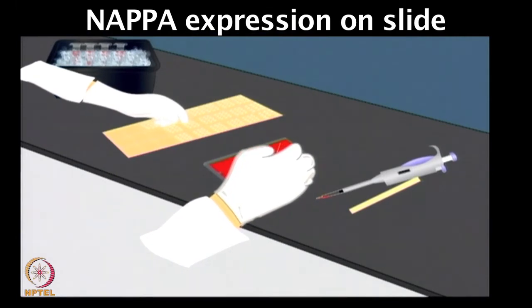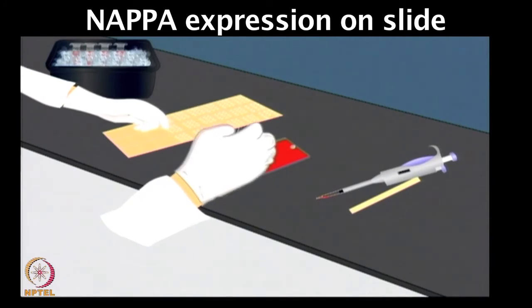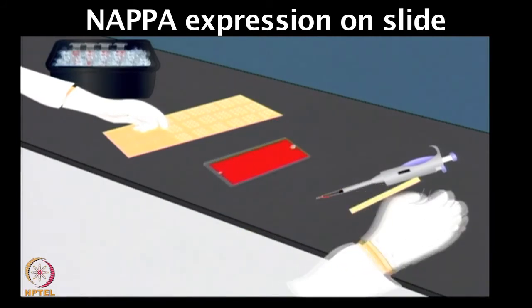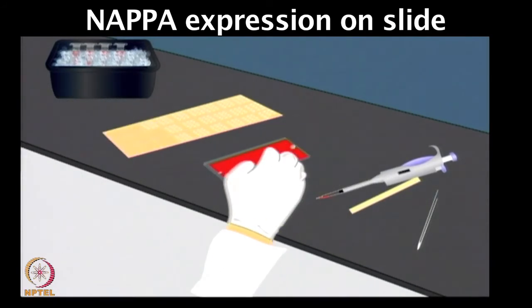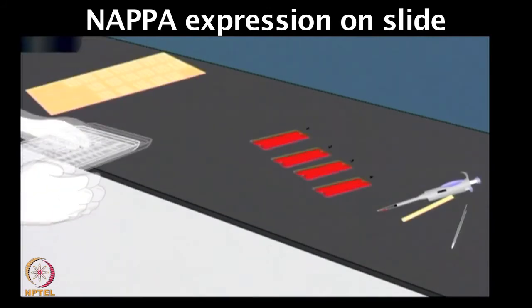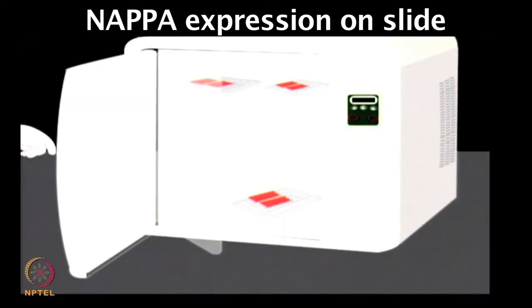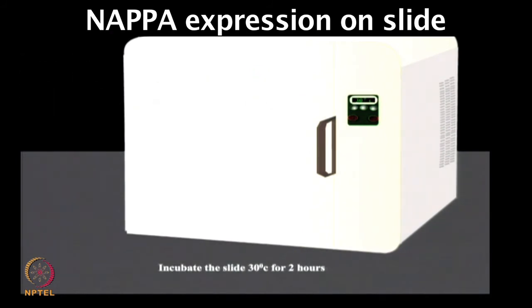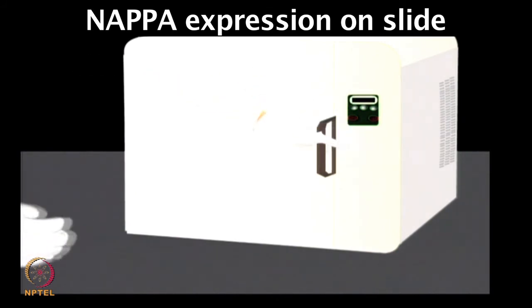Now, this printed slide which contains plasmid DNA has the in vitro transcription translation mix shown in the red color here, and the next step will be to incubate these slides for the protein expression step. So, incubate the chips for 1.5 hour at 30 degrees for protein expression, followed by 30 minutes at 15 degrees, which allows the protein to bind on the anti-capture antibody.